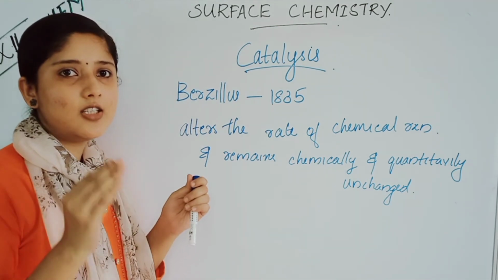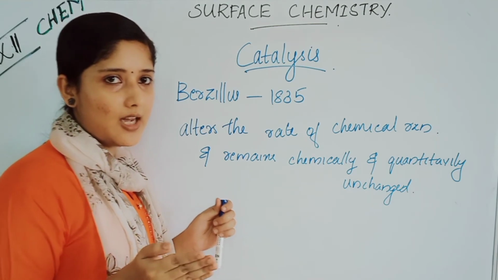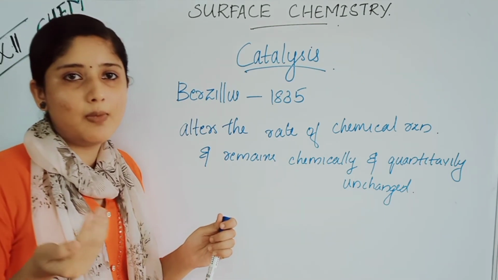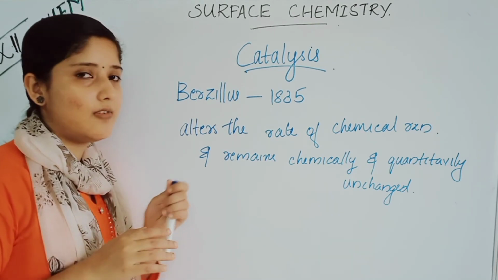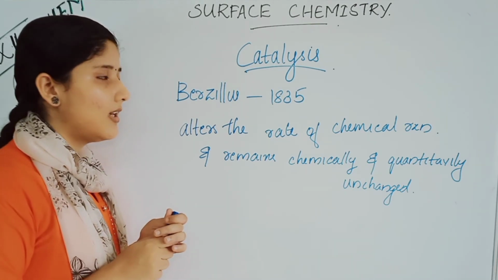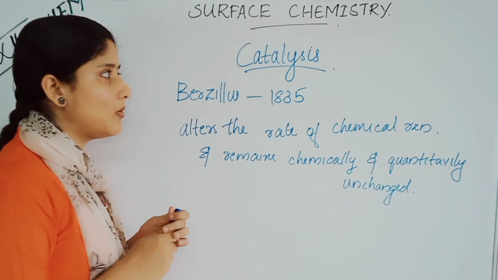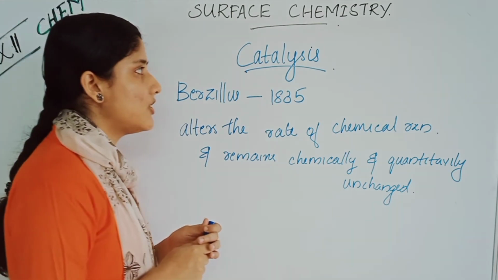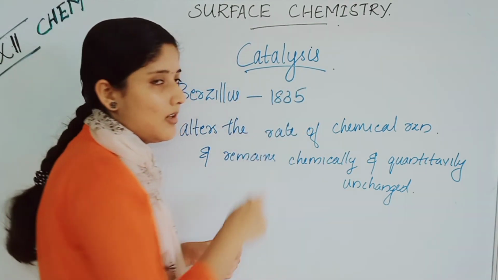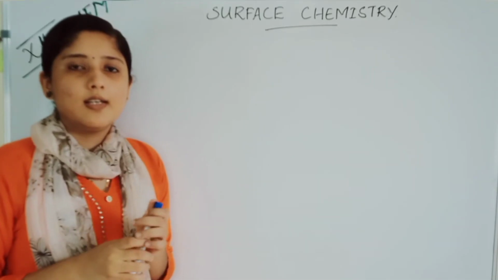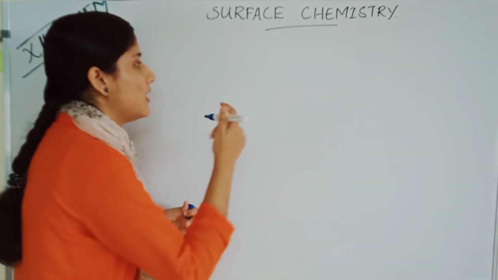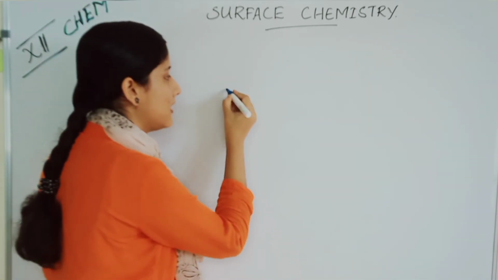It alters the rate of a chemical reaction and remains unchanged after the reaction, chemically and quantitatively. And the process which increases the rate of a chemical reaction is called catalysis. Catalysis is mainly of two types, heterogeneous and homogeneous.